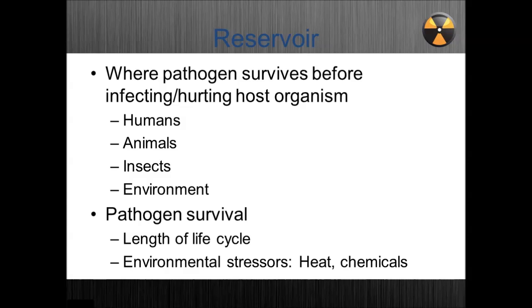Sometimes it can be the meat of a pig. Sometimes it can be other animals or insects. And it's where they hang out. And so if they don't get into another host, then eventually they'll die. And some of these stressors in the environment can affect how long they survive in the reservoir. So things like heat or cold or chemicals.